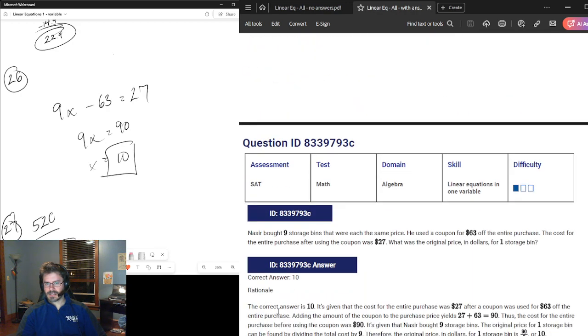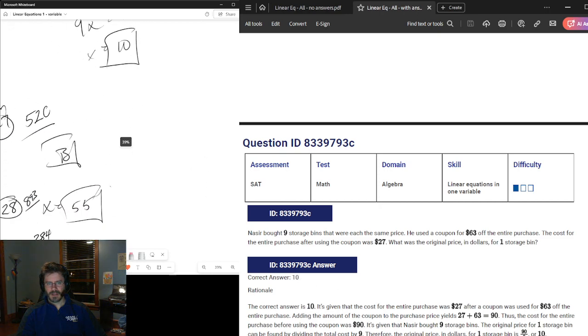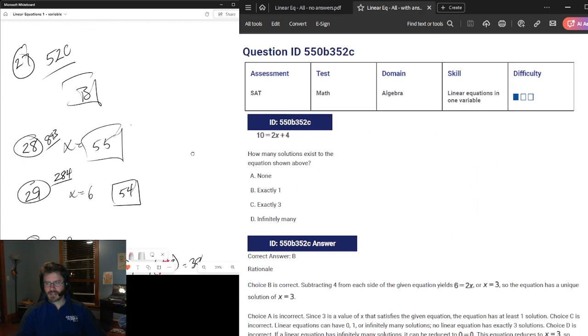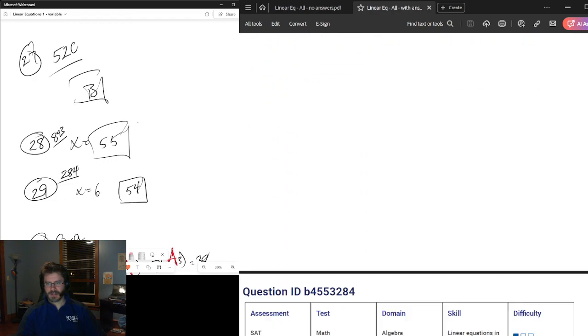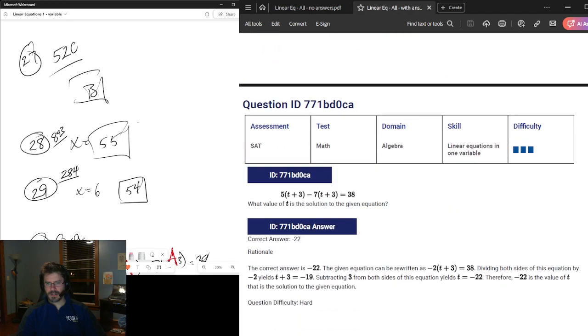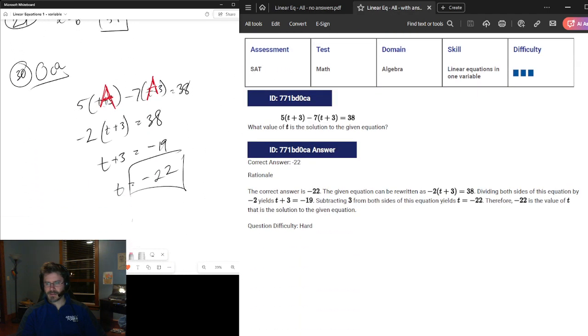Number 26 is, what is that, number 10? Yep, 10. 52C, we got B. 893, we got 55, we got 54. We got, for the last one, negative 22.